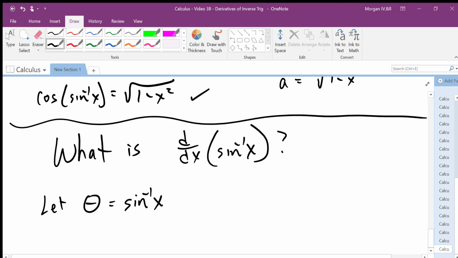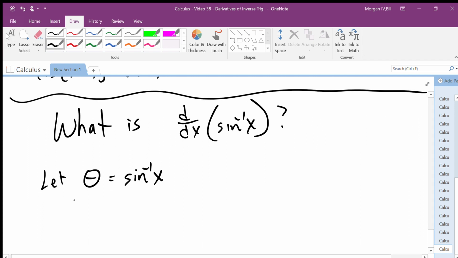Because this inverse sine of x is equal to some angle theta. So, asking ourselves what is the derivative of inverse sine of x is the same question as saying what is the derivative of theta with respect to x. So for example, if I took the derivative of both sides here, d theta dx equals the derivative of inverse sine of x. All right.